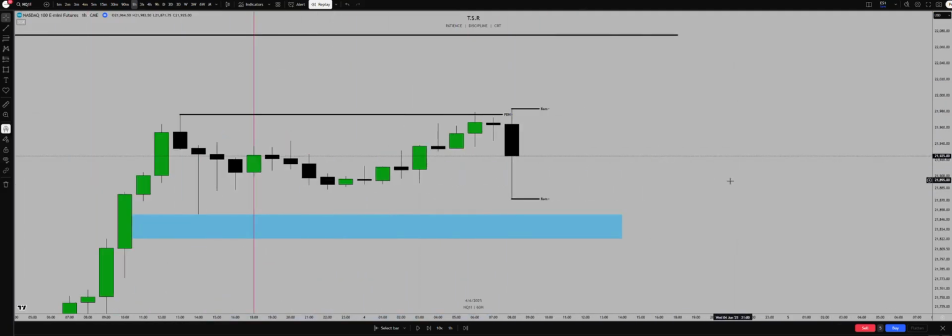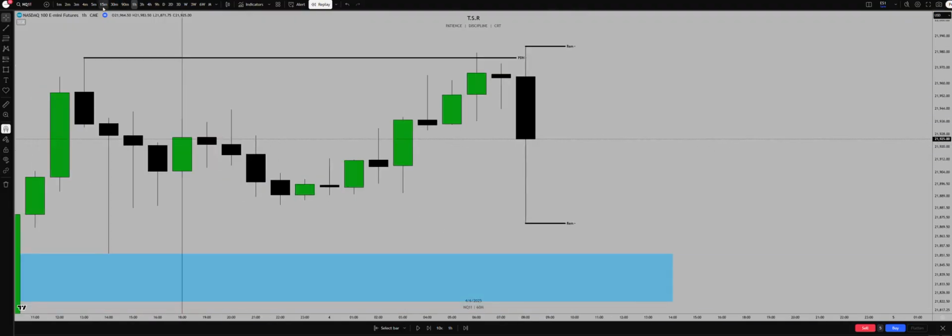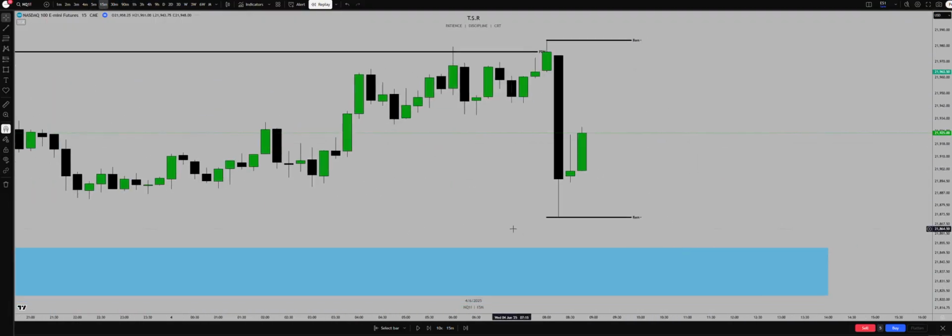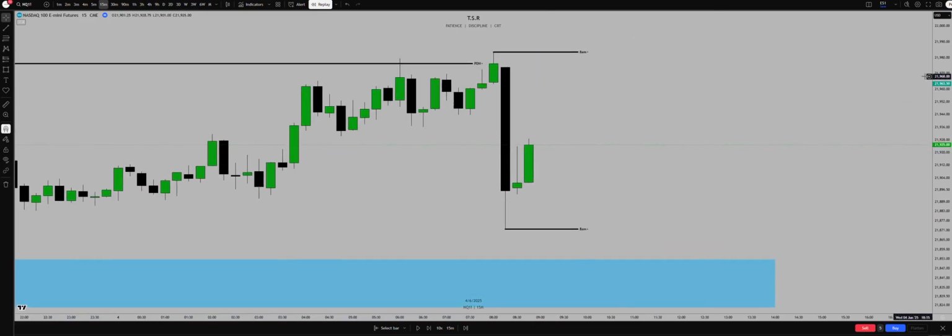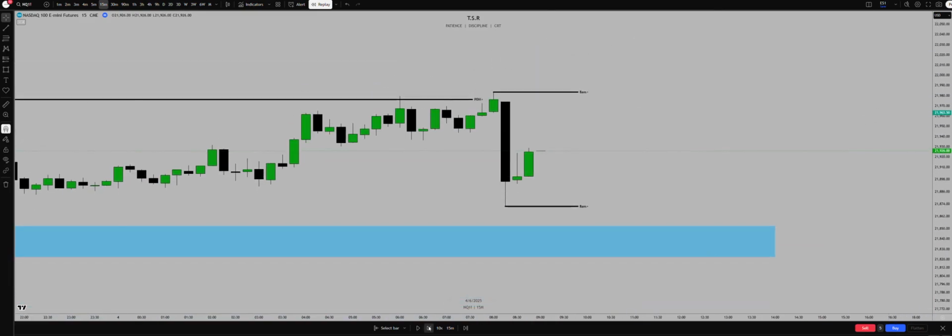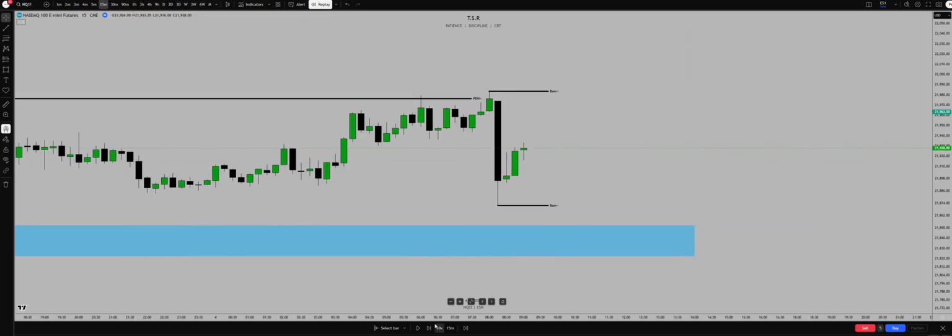Okay, previous day high. Let's see what happens with price on the 15-minute time frame, as we need a 15-minute CRT to form. 9 a.m. opens. We are waiting for one end of this range to be tapped into, and then we'll look at what price wants to do.